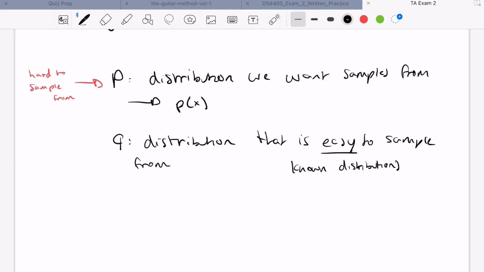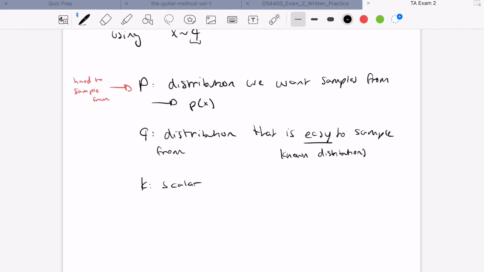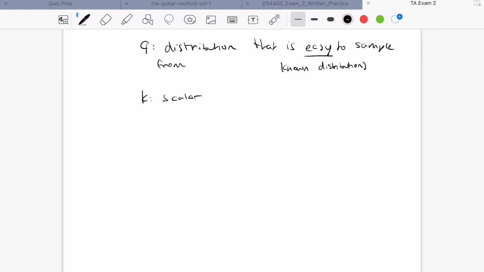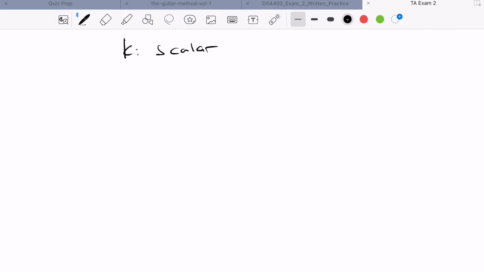And the final thing we need is K. So K is just a scalar. If you remember the pseudocode from class, doing one iteration of rejection sampling simply looks like this.